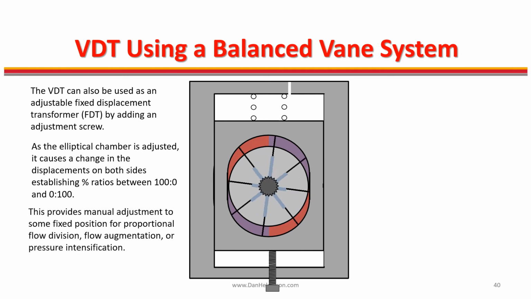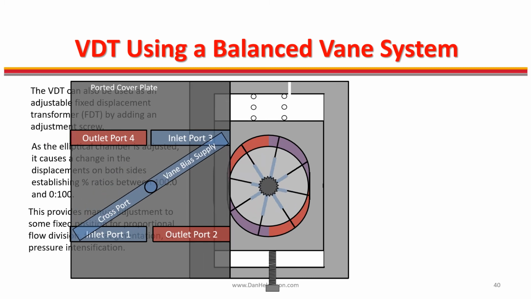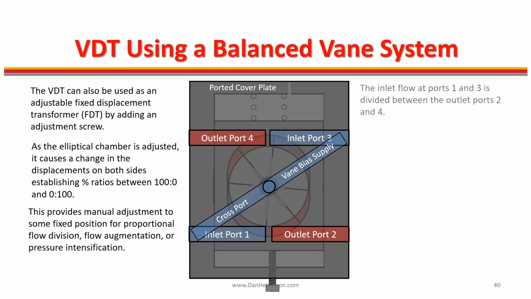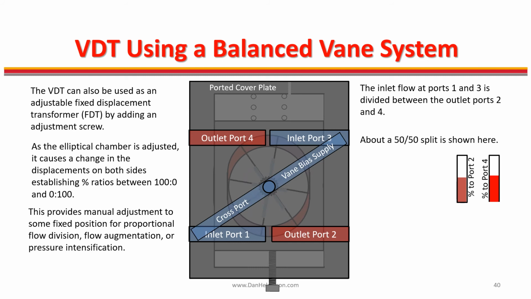This provides manual adjustment to some fixed position for proportional flow division, flow augmentation, or pressure intensification. The inlet flow at ports 1 and 3 is divided between the outlet ports 2 and 4, and about a 50-50 split is shown here.